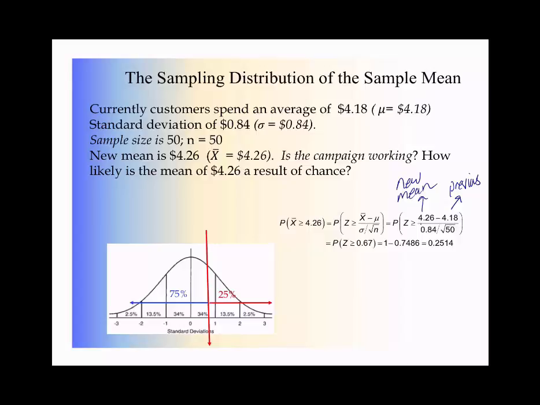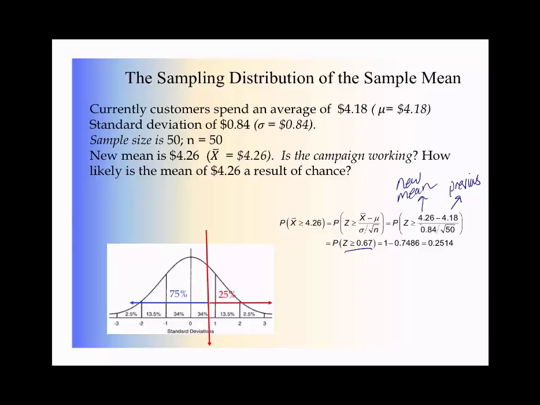So we go ahead and calculate that out, and we find out that our Z is 0.67. So we take our 0.67, we look that up on our Z table, and we find that 0.67 equates to a Z value of 0.7486.